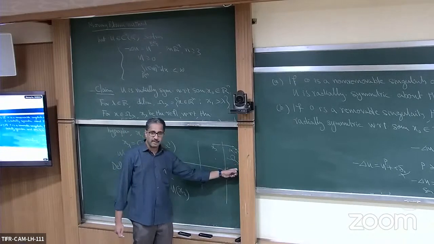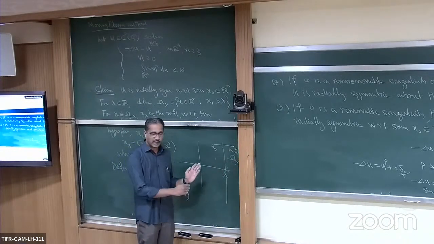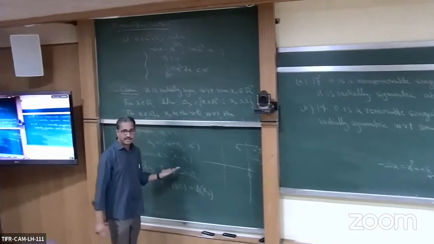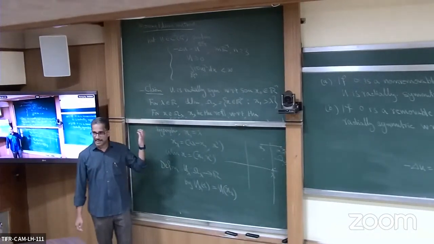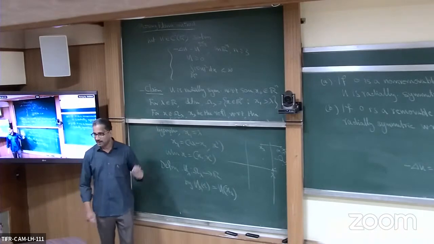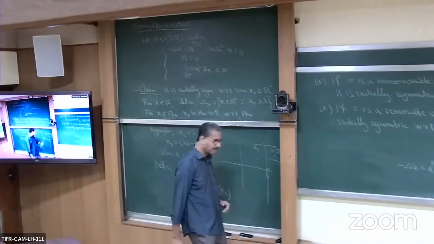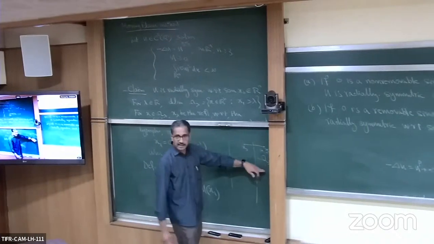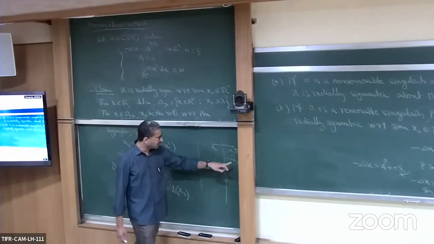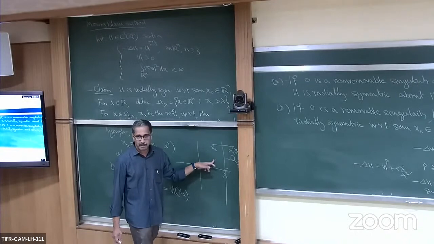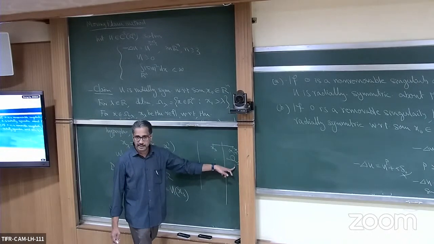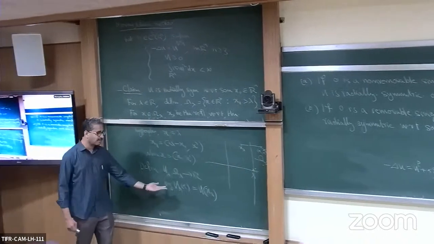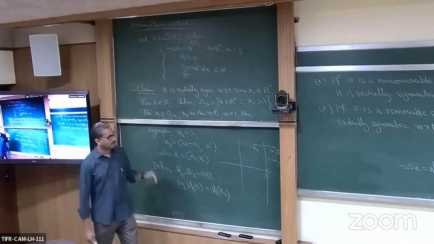The statement is even more than radially symmetric; in fact, it is strictly decreasing also. Radially decreasing is also part of the result. So if the result is true, the value at this point is going to be greater than or equal to the value at that point. That is what we expect, and that is the first thing we wanted to get.